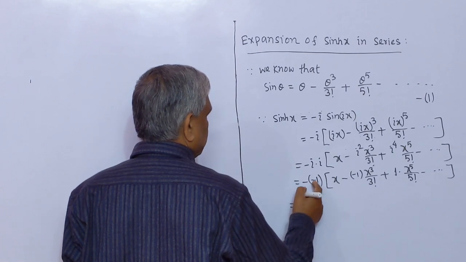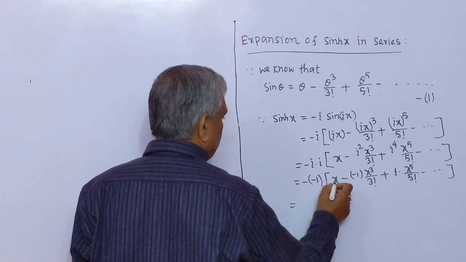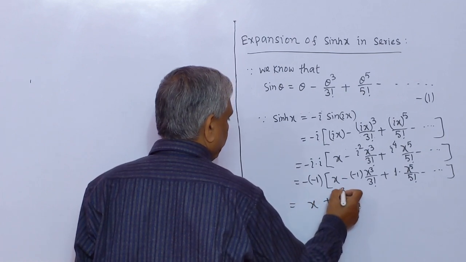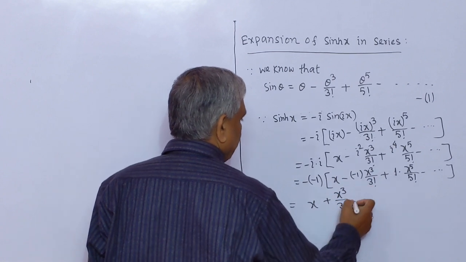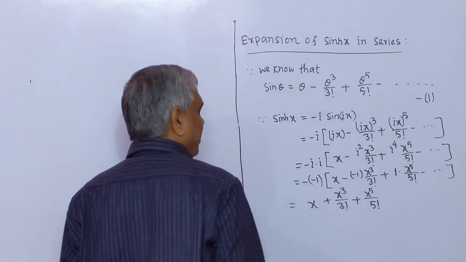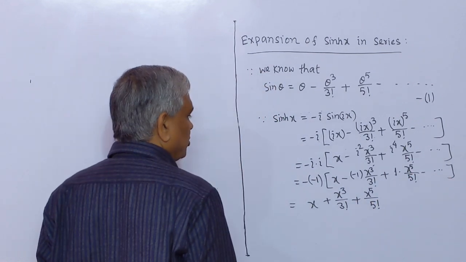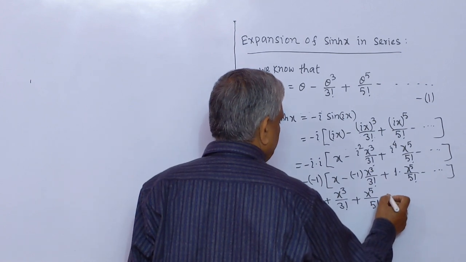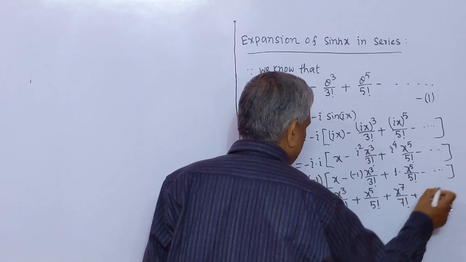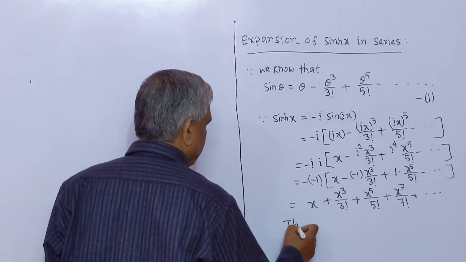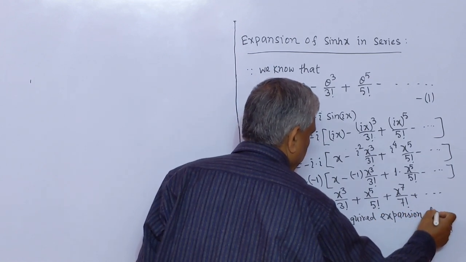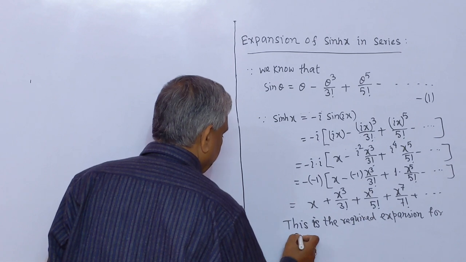Here minus minus plus 1, so we write x plus x cube by factorial 3 plus x to the power 5 by factorial 5, and other terms will also be positive terms, and we get x to the power 7 by factorial 7 plus and so on. This is the required expansion for sinh x.